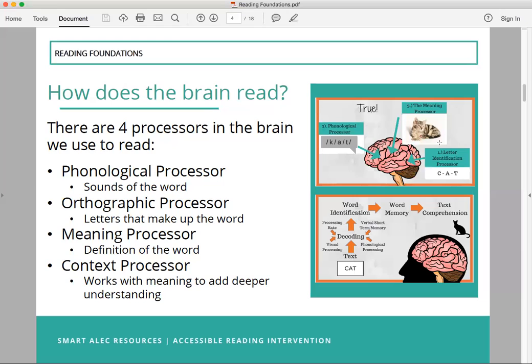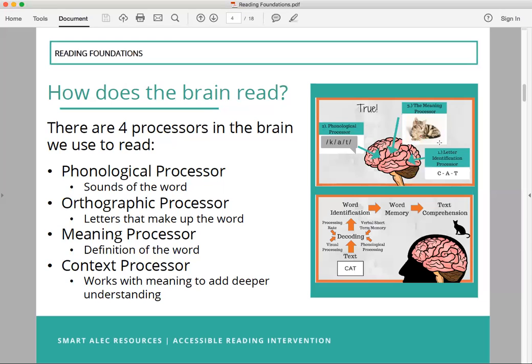You might be thinking bat like the baseball bat. You may be thinking bat like the action, you are going to be batting the ball. And so that's where that context processor may be working with the meaning to add that deeper understanding.